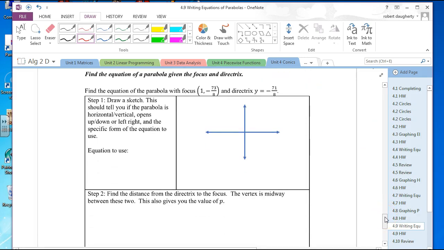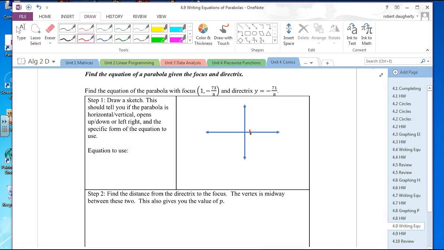Now, this is the one that people don't like. Find the equation of the parabola with a focus at 1, negative 73/8 and directrix at negative 71/8. Why do people not like this one? Just don't like the numbers, right? If I go over 1, which of these is lower, negative 73/8 or negative 71/8?